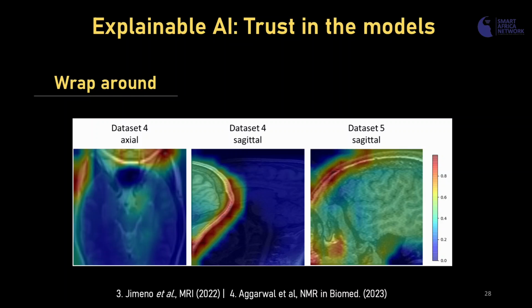And as you can see, wherever the wraparound occurred, you do see these hot maps, which means our in plane wraparound model has understood the meaning of identifying wraparound artifacts in both subtle and clearly obvious cases.